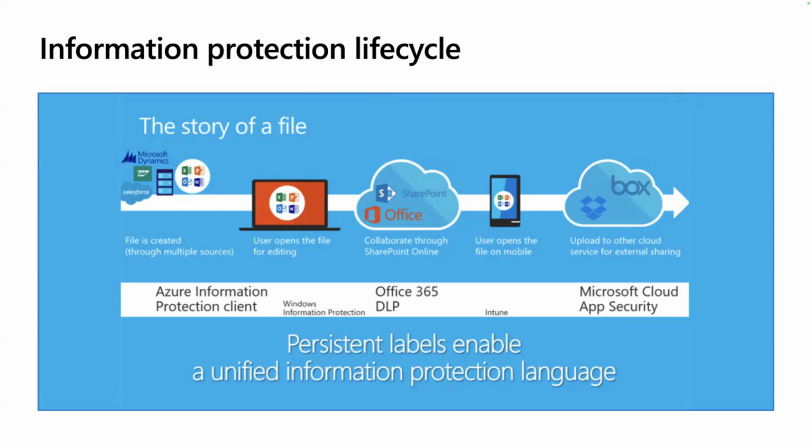So the idea here is that information, of course, has a life cycle. So the file is created, you secure it, you share it, you use it, you may update it and use it, but ultimately at the end of the day, it falls out of the life of what we're trying to do and it's deleted.